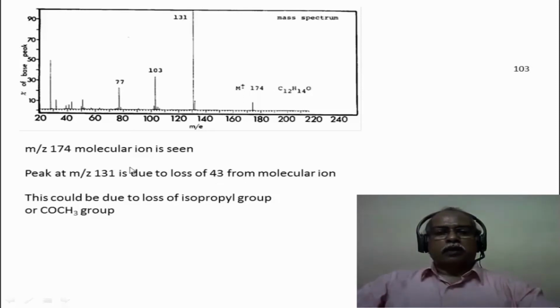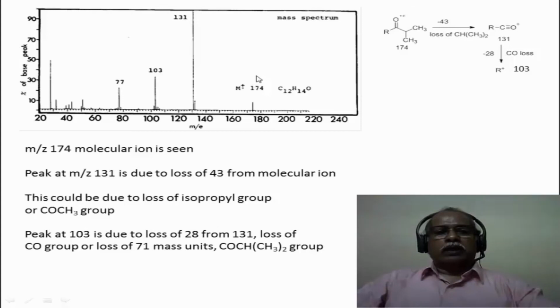In other words, it should be losing either an isopropyl group or an acetyl group to go from 174 to 131. Now the peak at 103 corresponds to the loss of 28 mass units from 131. 131 minus 28 corresponds to 103, and 174 minus 71 also corresponds to 103.